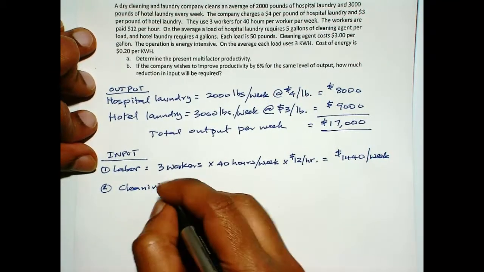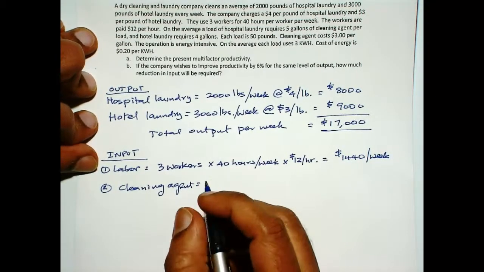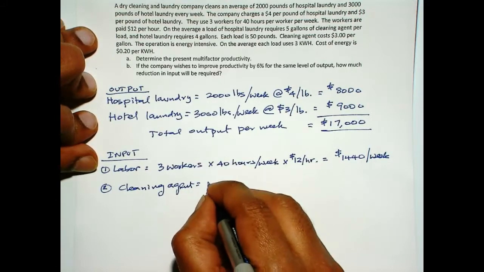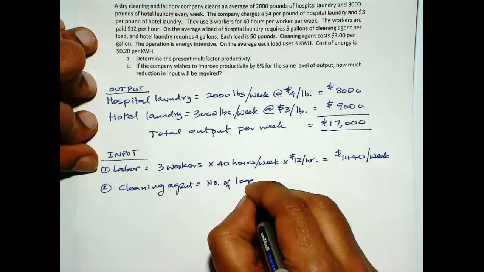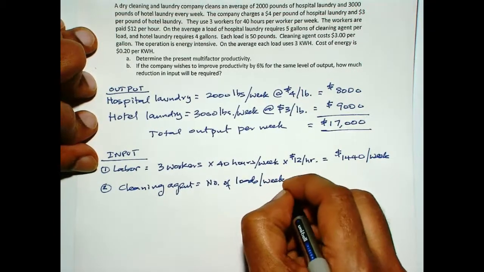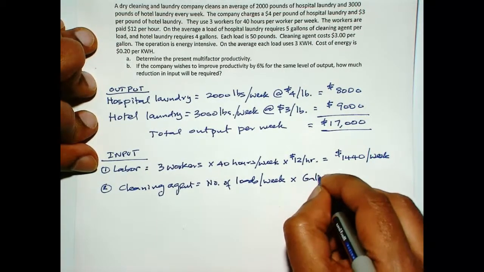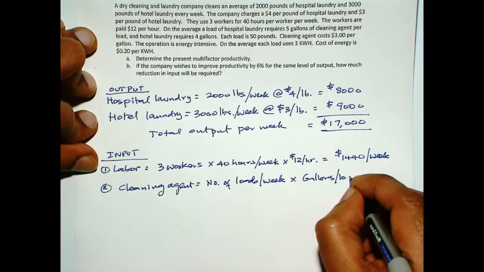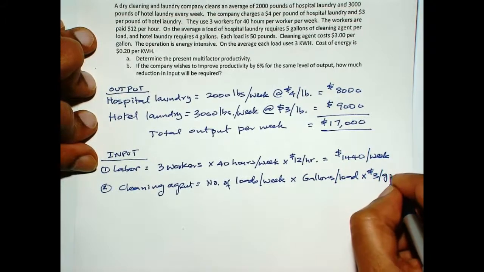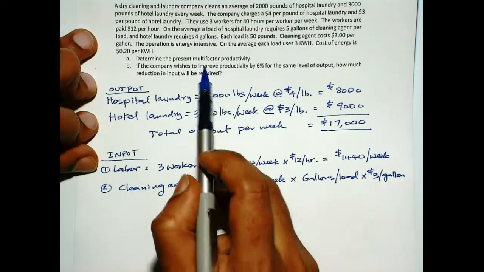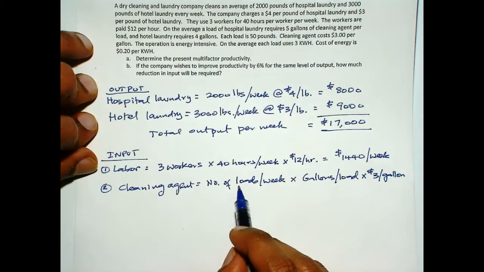So number of loads per week times gallons per load times $3 per gallon. $3 per gallon is the cost for the cleaning agent. So we have to first determine these two. So number of loads. Let's look at this for each product.